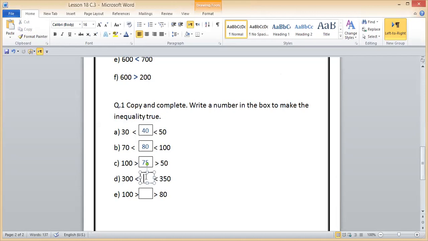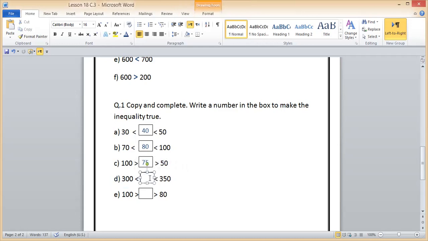What number should I write here in this box for D? 300 is less than a number which is less than 350.